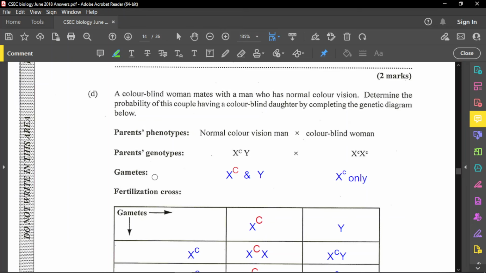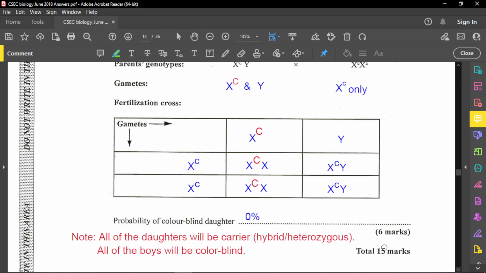And so for the possible gametes, the male could produce X, which contains a normal allele, and also Y. The woman can only produce X chromosome with the lowercase allele, so it makes no sense to write it twice. And so to complete the chart, what you're going to do is put the gametes here.